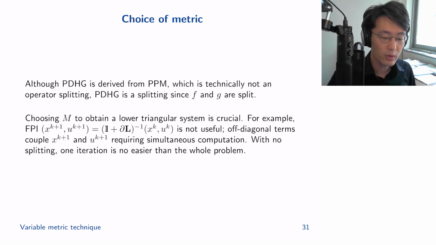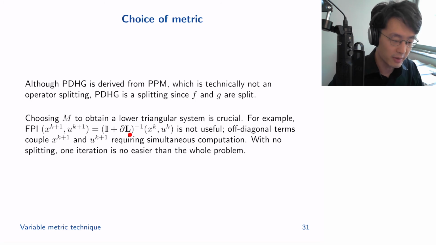For example, if we were to just simply perform the proximal point method without a variable metric on the saddle subdifferential operator, then we could write down mathematically what this iteration is.